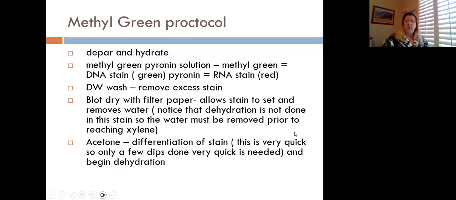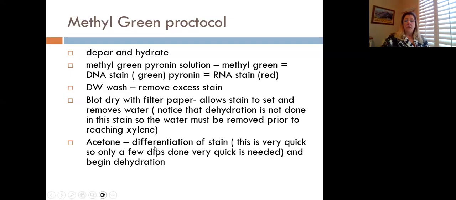So once you have removed all the water, now notice that in this procedure, we do not dehydrate. We do not go through alcohols. So this is why we have to dry this slide out, because we don't want water to get into our xylenes, and we don't want water remaining on the slide, because then it's going to interfere with that stain microscopically.